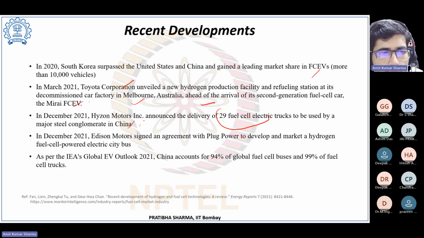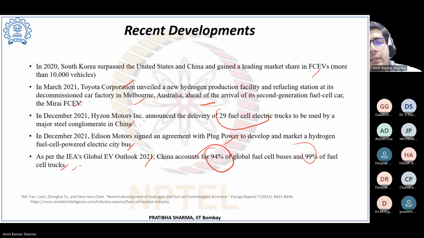In December 2021, Edison Motors signed an agreement with Plug Power to develop and market a hydrogen fuel cell powered electric bus. And as per the IEA Global Outlook 2021, China accounts for 94% of global fuel cell buses and 99% of fuel cell trucks.